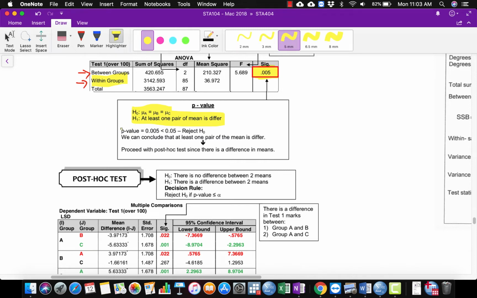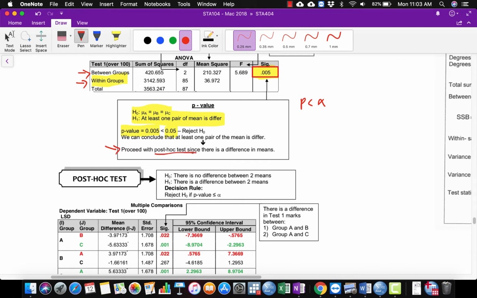If the p-value is less than 0.05, let's say less than our alpha, which can be any value, then we're going to reject the null hypothesis. And then we can conclude that at least one pair is different. So which pair is different? We don't know.